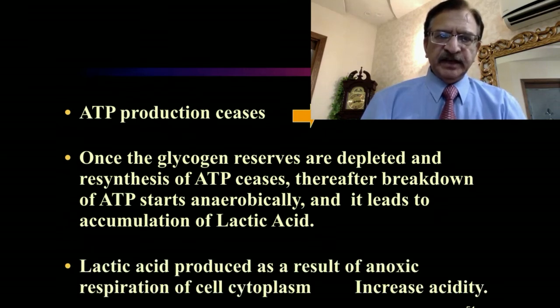And this lactic acid produced as a result of anoxic or deoxygenated respiration or anaerobic glycogenolysis, the cell metabolism increases its acidity. So the environment will now become more acidic because of the accumulation of lactic acid.